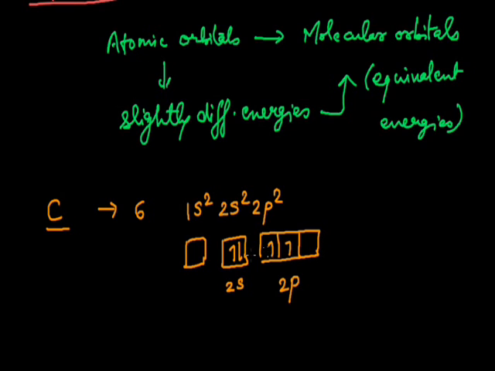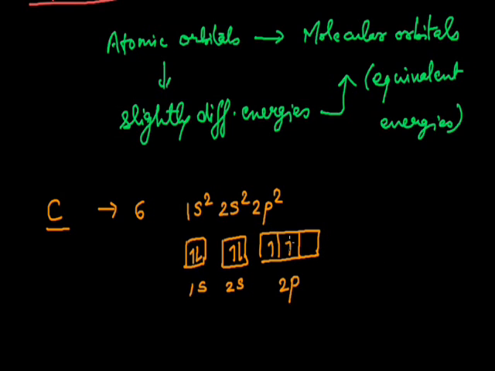Since the valence shell electrons take part in the bonding, we are considering the valence shell electrons this time. And if we look into the 1s shell, the electron arrangement is like this.